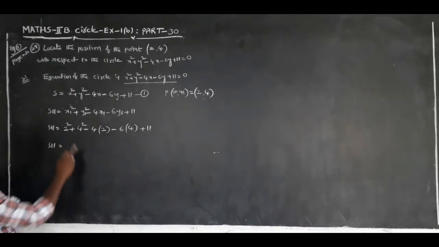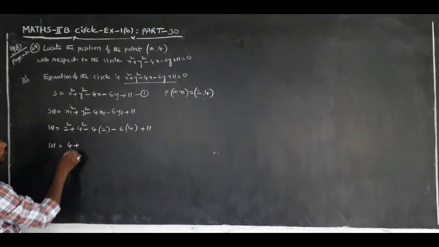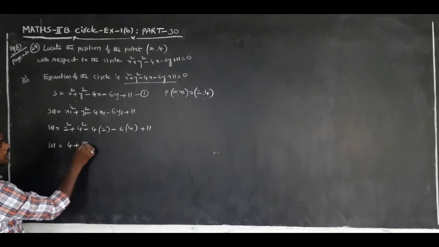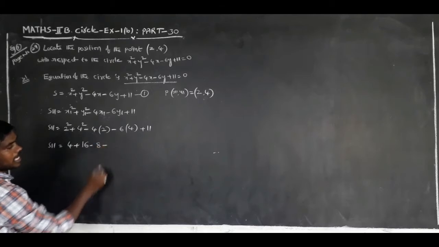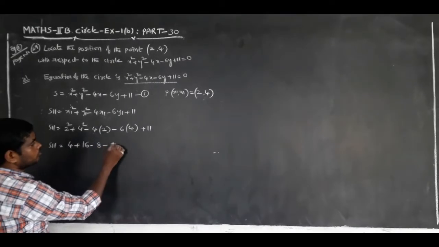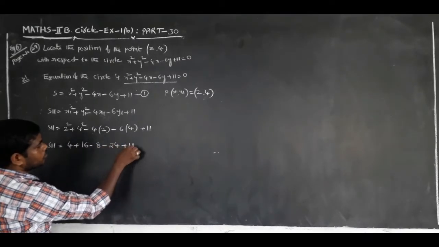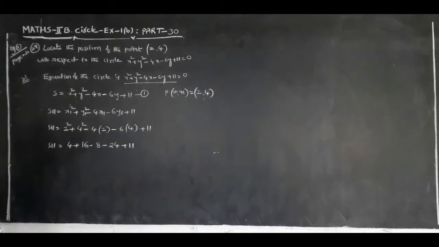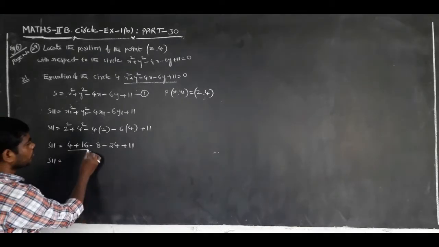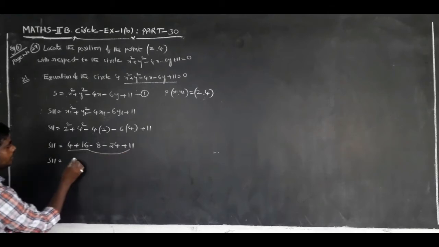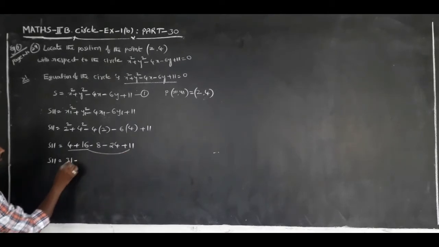S11 = 4 + 16 + 11 − 8 − 24. 4 plus 16 is 20, plus 11 is 31.